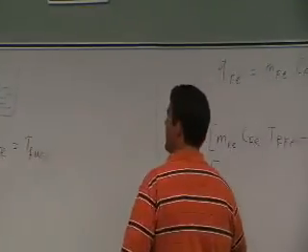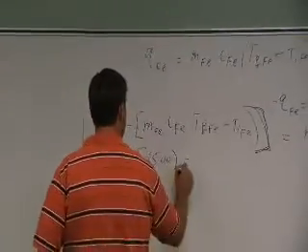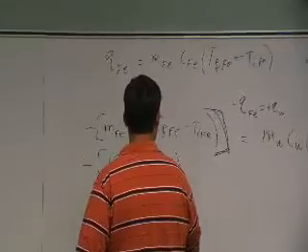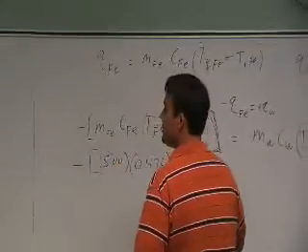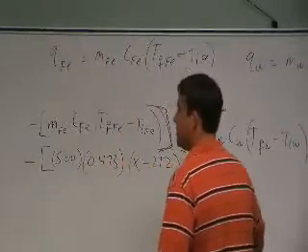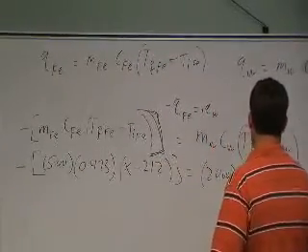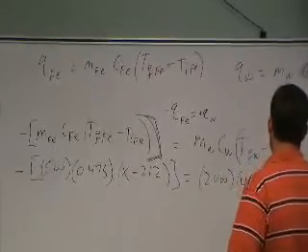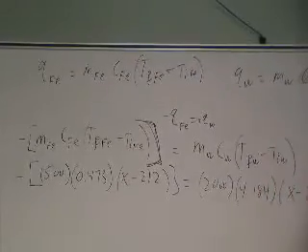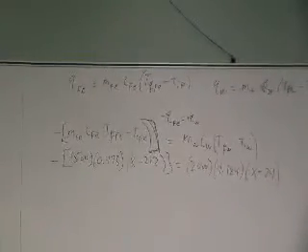All right, Bonnie, are we ready? Are you feeling good? All right. Negative 500 times 0.473 times (x minus 212) equals 2,000 times 4.184 times (x minus 24). Now, are we happy with plugging that in?